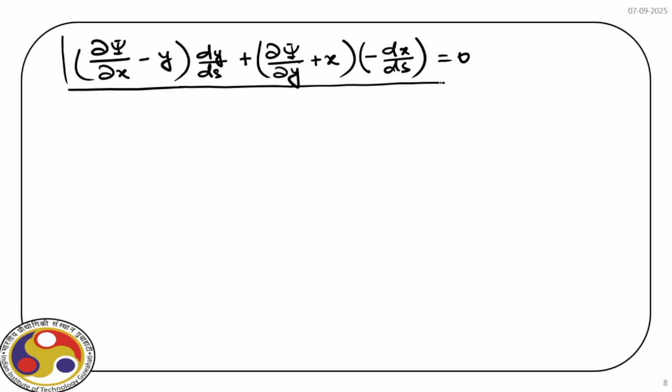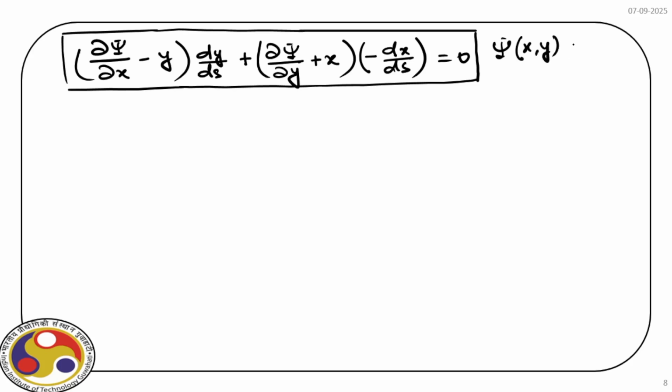So the first condition we get, the Laplace equation that psi of x, y must satisfy. Also this condition, it must satisfy at the boundary. So psi of x comma y must satisfy this condition, and this is defined at the boundary, right?